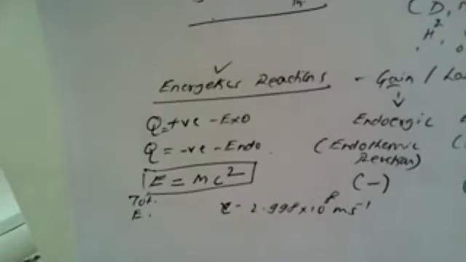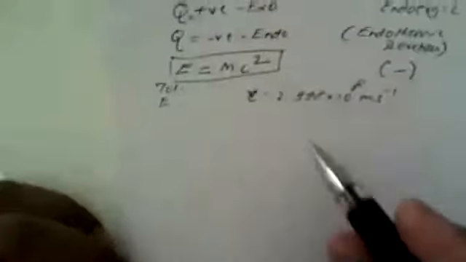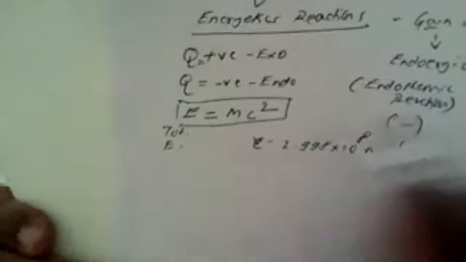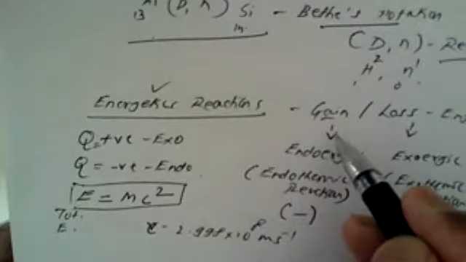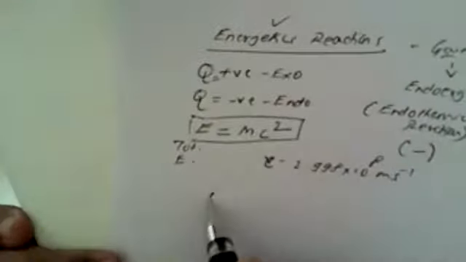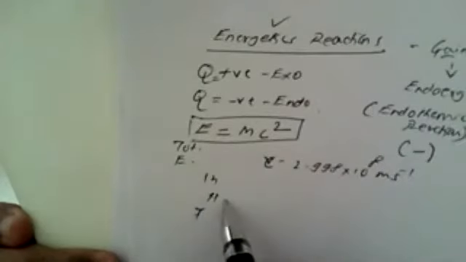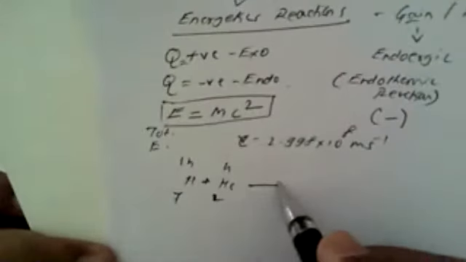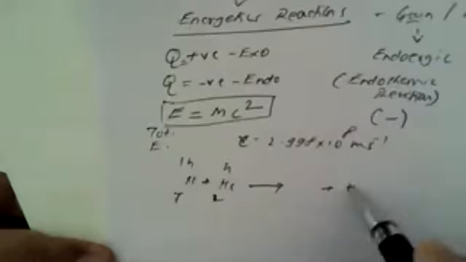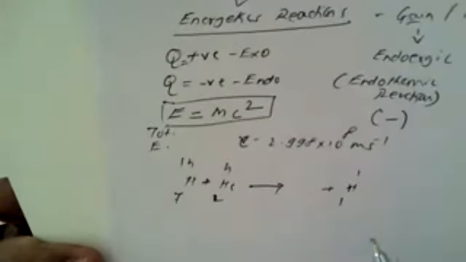Now, I would like to give you one example of the endoergic and exoergic reaction. We have seen that certain nuclear reactions proceed with a gain of energy. For example, take nitrogen 7, 14 with alpha particles, helium 4, 2. In this case, if a proton is ejected, what is remaining?